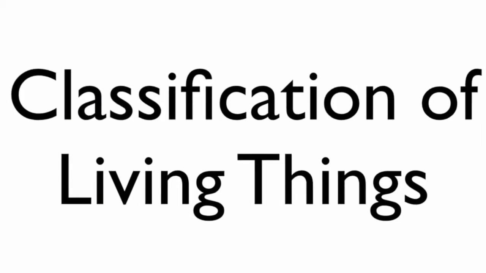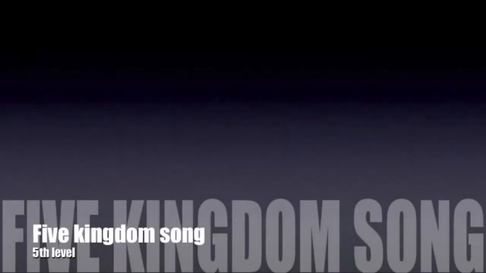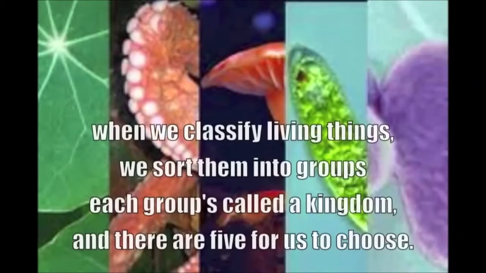Classification of living things. When we classify living things, we sort them into groups. Each group's called a kingdom, and there are 5 for us to choose.